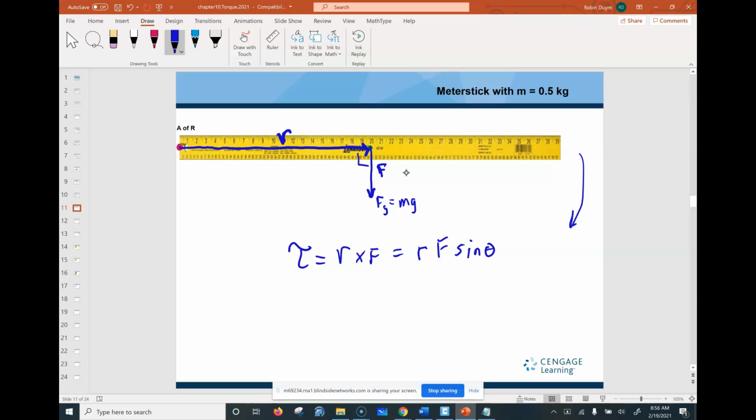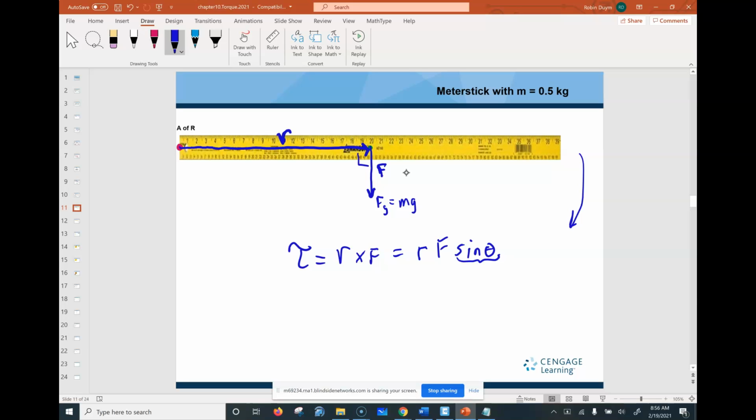What's the sine of 90 degrees? The sine of 90 is 1, so that just means that whole force, since it's perpendicular to R, is going to cause a torque.